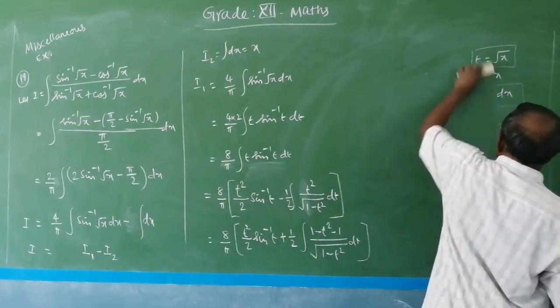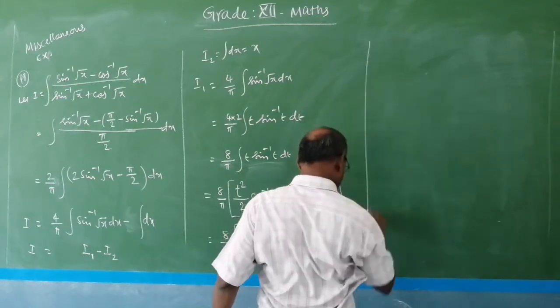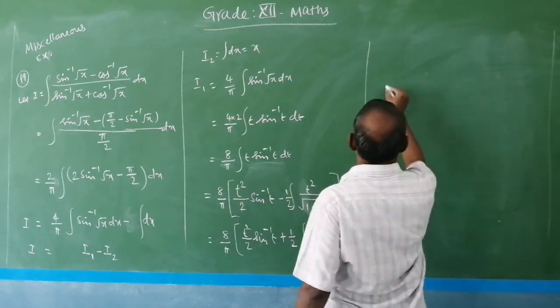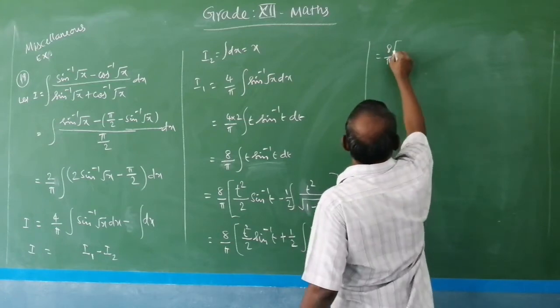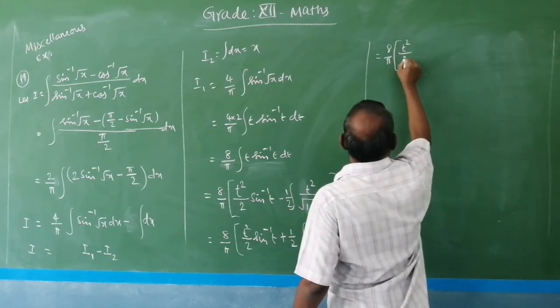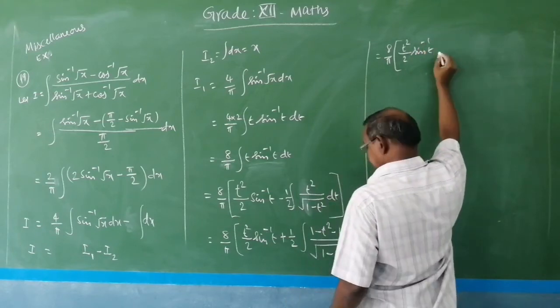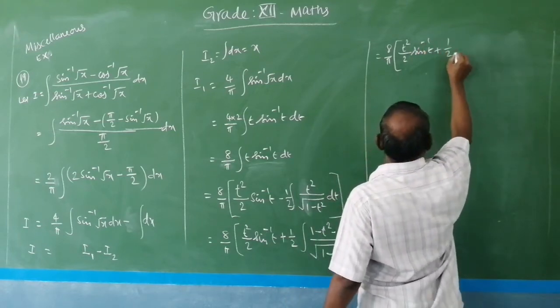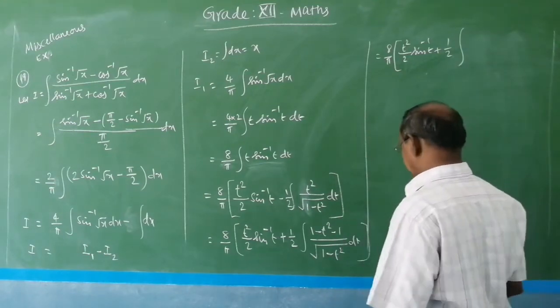Here it is equal to 8 by pi into t square by 2 into sin inverse of t plus half into the integral.